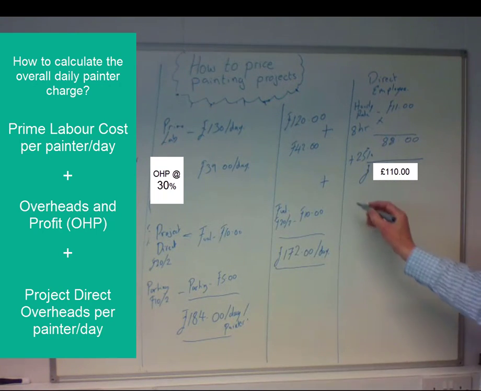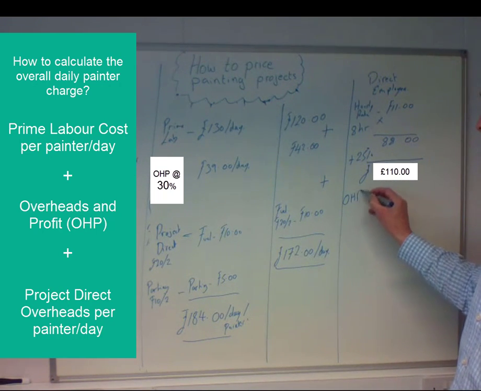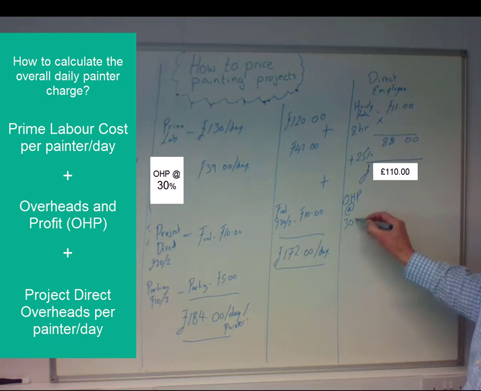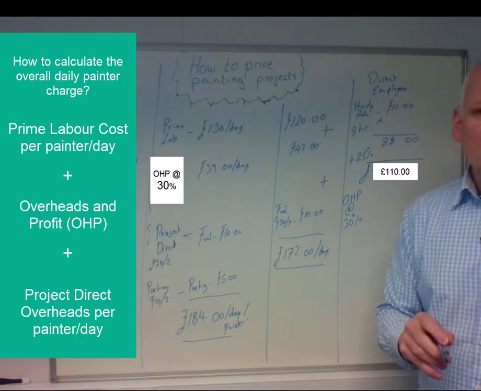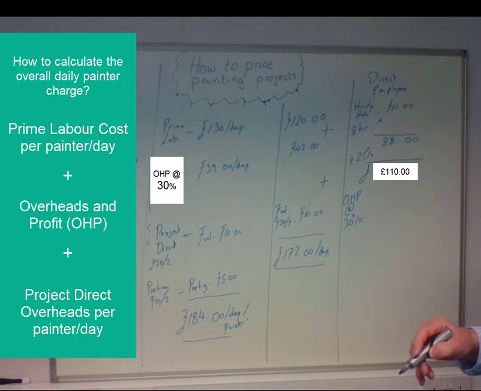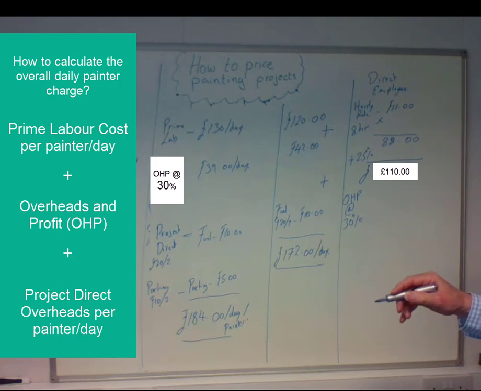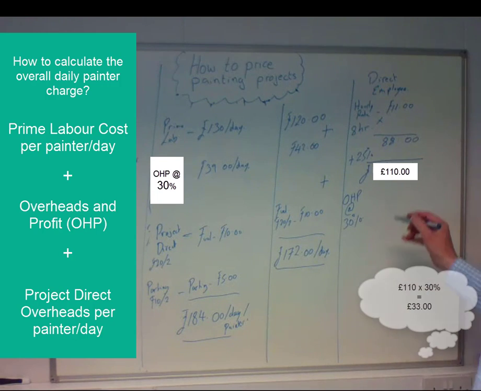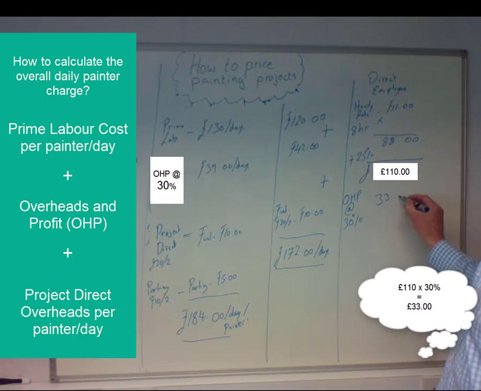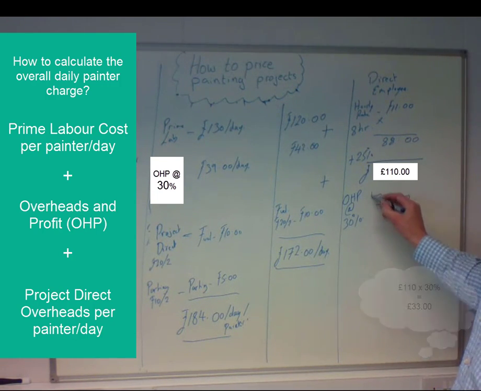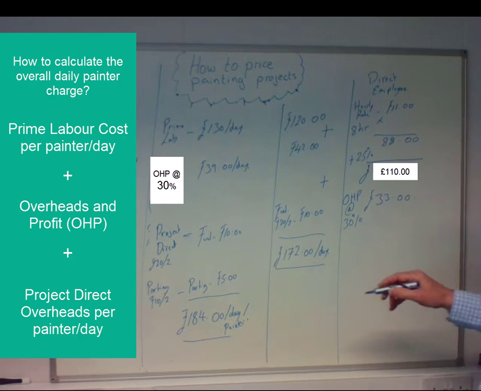Now for the OHP, let's do an OHP at 30% this time. So if I'm adding on 30%, then we're going to have £33 OHP allowance.